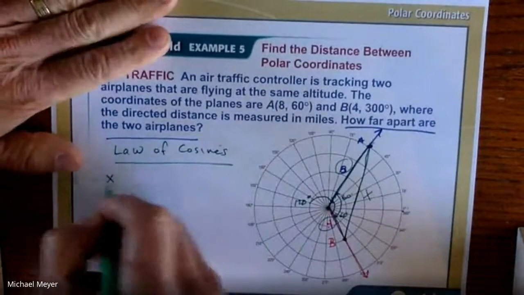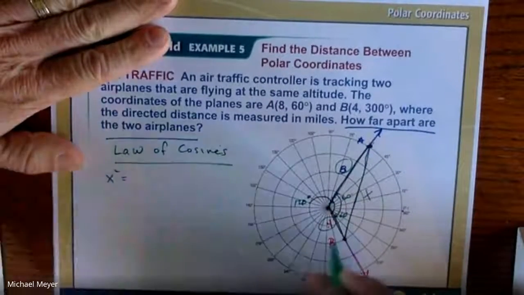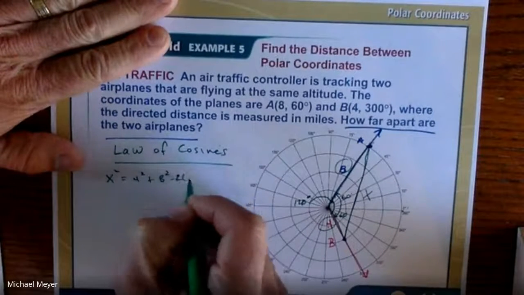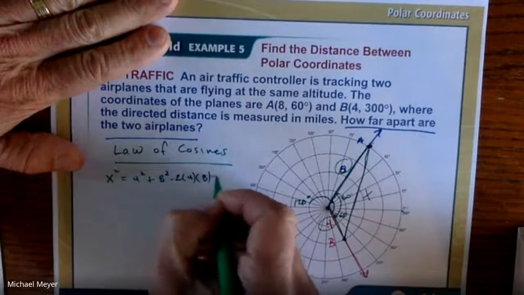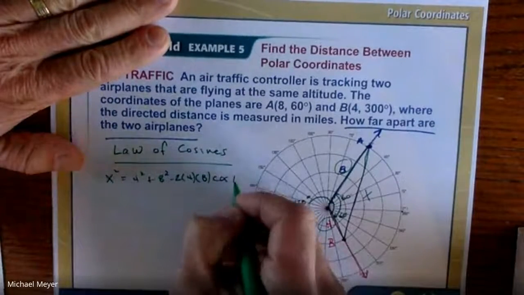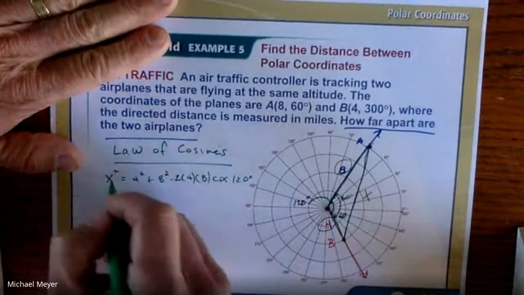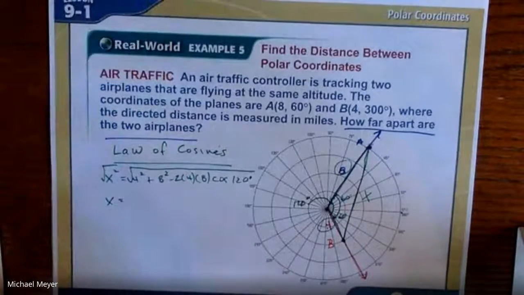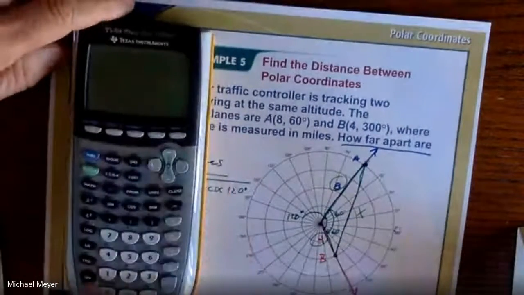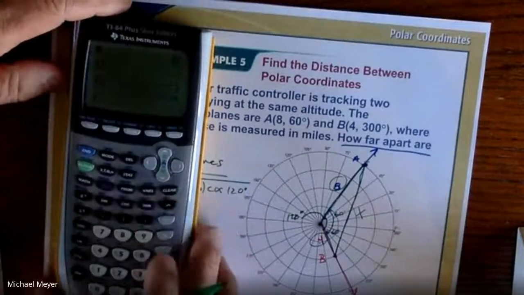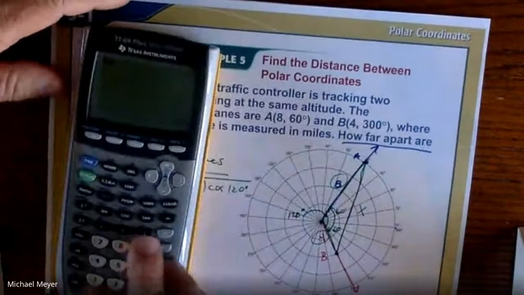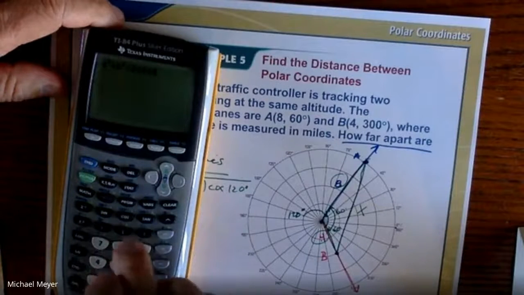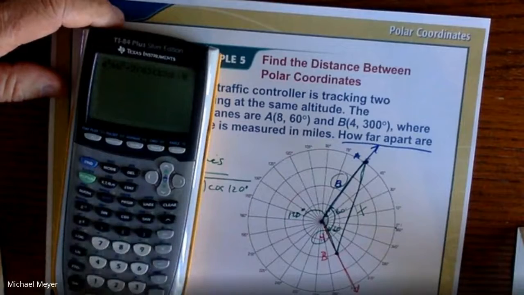So now I can set up x squared equals this side squared plus the other side squared minus 2 times the product of the two sides times the cosine of the included angle, which is 120 degrees. And we go ahead and solve this using our graphing calculator. We type that in very carefully: 4 squared plus 8 squared minus 2 times 4 times 8 cosine 120.